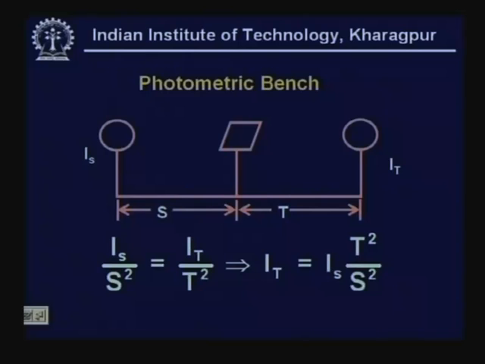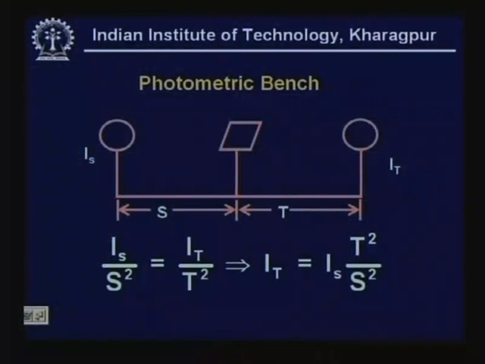Applying that, we get Is over S squared equals It over T squared, and hence one gets It equals Is T squared by S squared. Needless to mention, the photometric bench has a scale attached to it which enables us to clearly get the distances between the sources and the photometric head.